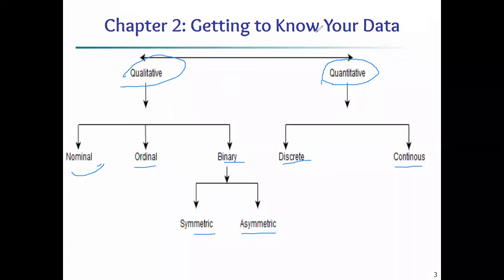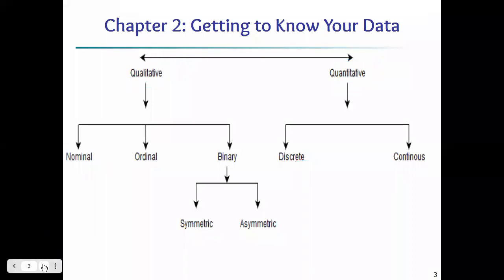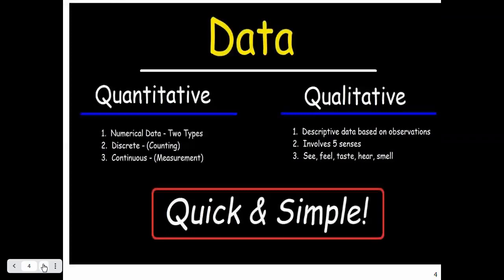I hope everyone is clear on this part. Before that, again, we are concentrating on these two parts. First of all, what is data? Data has two parts, quantitative and qualitative. These are very important as far as data mining is concerned. Understanding the meaning of these words is very important.